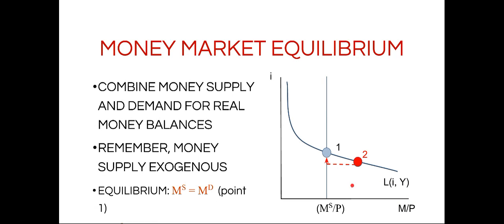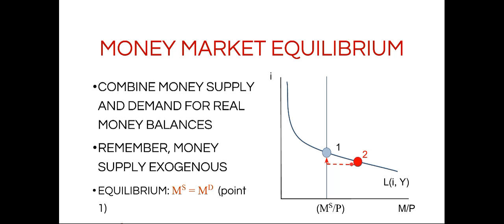So what happens if, for example, the economy is outside of equilibrium? Say initially the interest rate is below equilibrium, so at point 2. Individuals are then going to want to hold more money because the interest rate is low. But there isn't that much money. There is only a given money supply. So they want to borrow in order to hold more money.